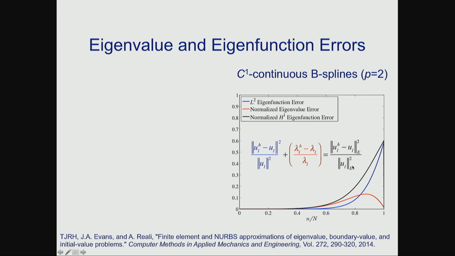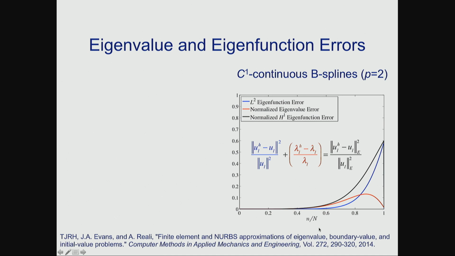Now, why this is important is that if you do eigenfunction decomposition of an elliptic problem, a parabolic problem, or a hyperbolic problem, you can represent the errors completely in terms of these quantities. And what you would expect, of course, these are C1 continuous quadratic B-splines, is to get low mode accuracy.